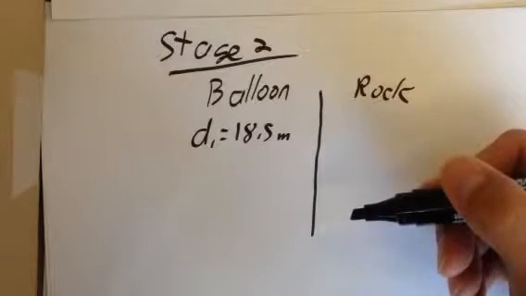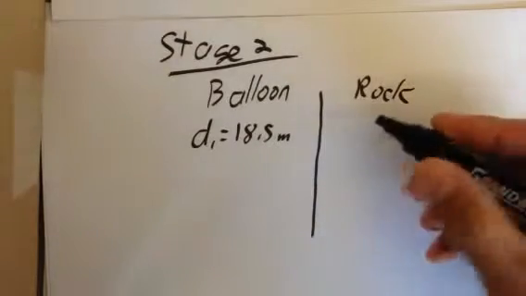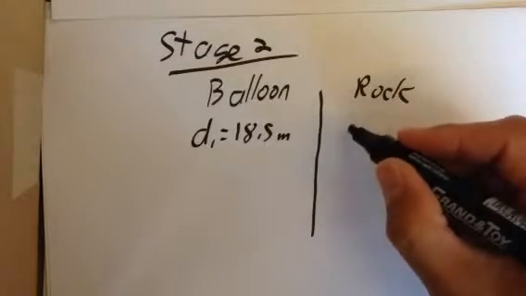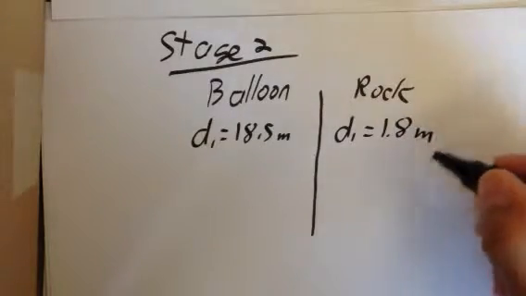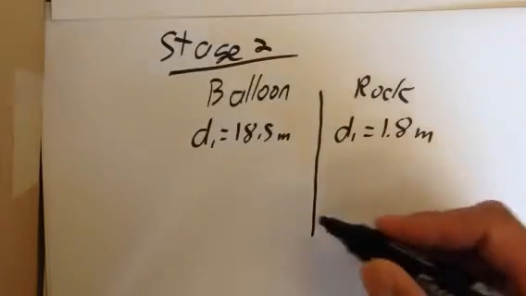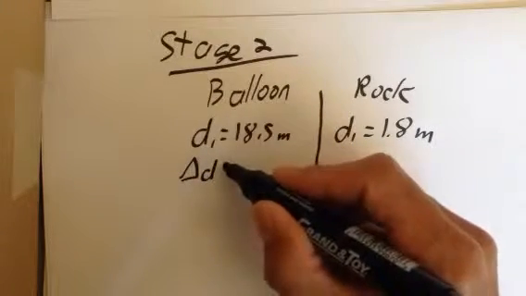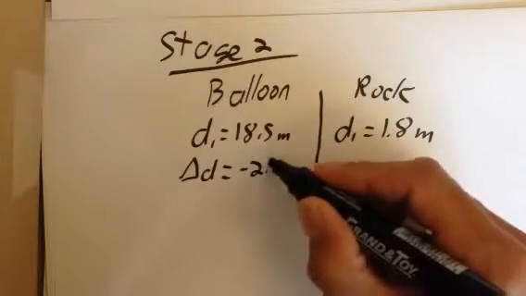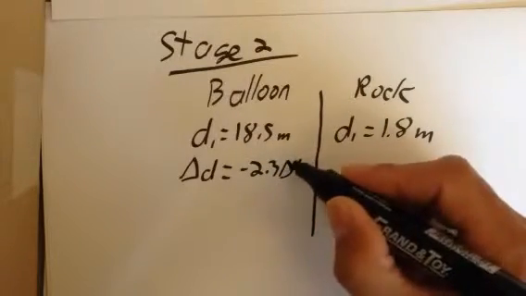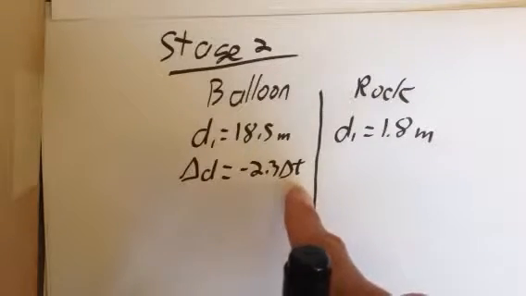So the final position of stage 1 is the initial position of stage 2. The rock has an initial position of 1.8 meters. The displacement of the balloon, because it has a constant velocity, is still negative 2.3 delta t. That is, it's its constant velocity times time.